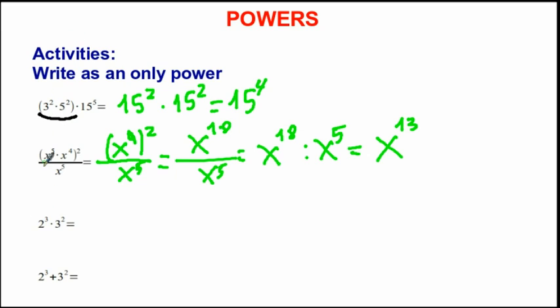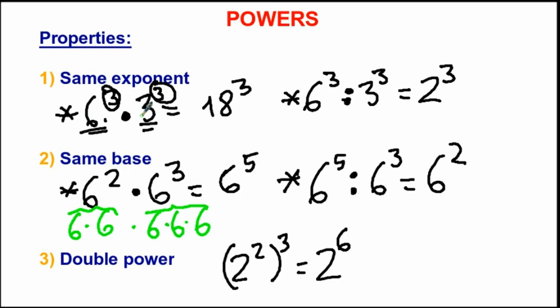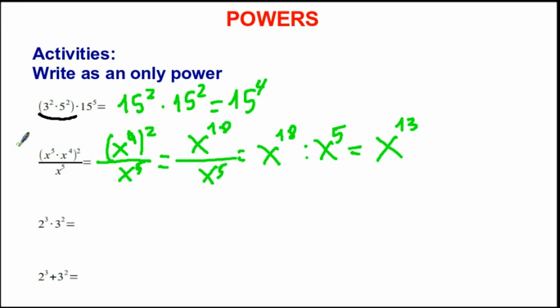Okay, now the third activity, we have 2 to the power 3 multiplied by 3 to the power 2. Let's have a look at the properties. We can't find a property with that characteristic. So what do we have to do? We have to do the operations as we learned.